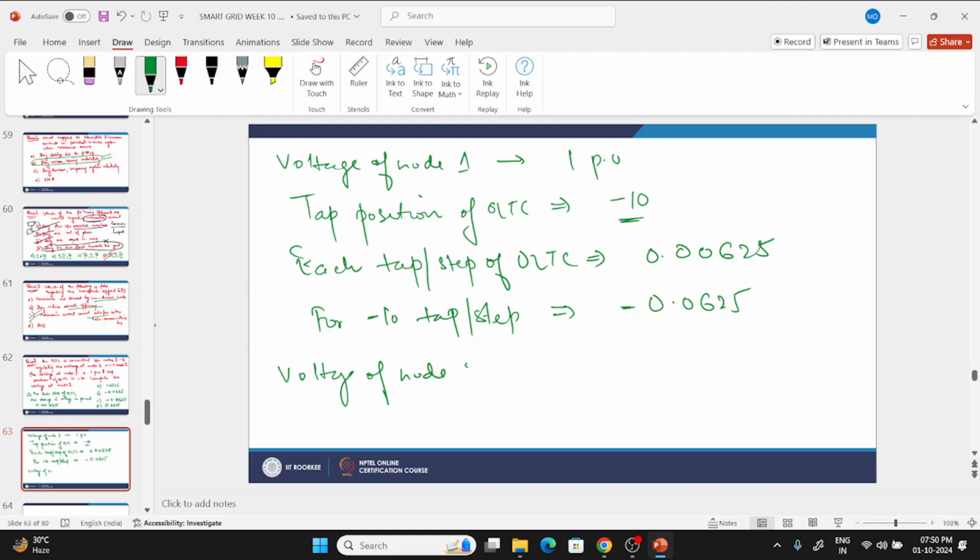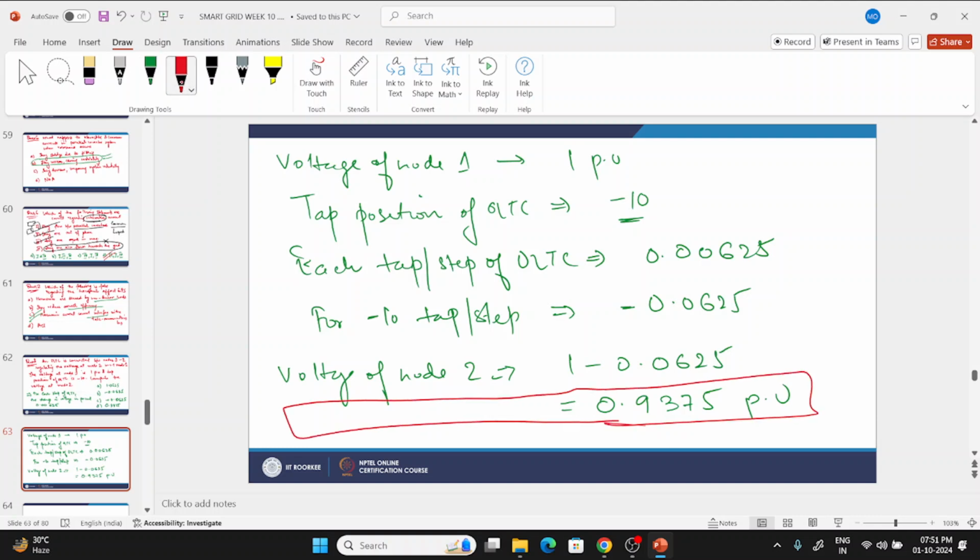तो अब वोल्टेज ऑफ नोड 2 कितना होगा? 1 माइनस 0.0625। If we calculate it, let me calculate it by using a calculator. 1 minus 0.0625, it will come out to be 0.9375 per unit. इससे हम पता कर सकते हैं कि जो वोल्टेज एट नोड 2 कितना होगा? 0.9375.